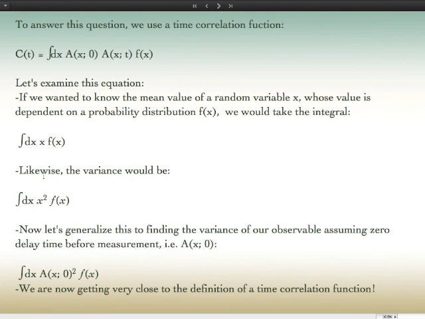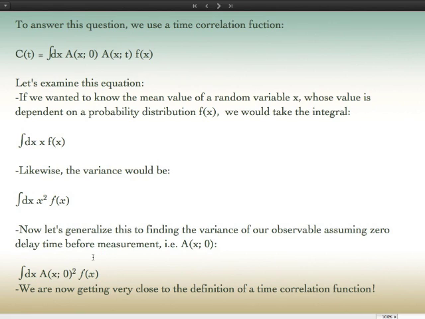And likewise, if we wanted to take the variance, that would be x squared times f of x, and then you integrate. So this is just standard procedure for figuring out mean or variance if you're given some continuous probability distribution function f of x. Now to generalize this, let's say we want to take the variance of our observable, assuming that there's 0 time delay between the measurements.